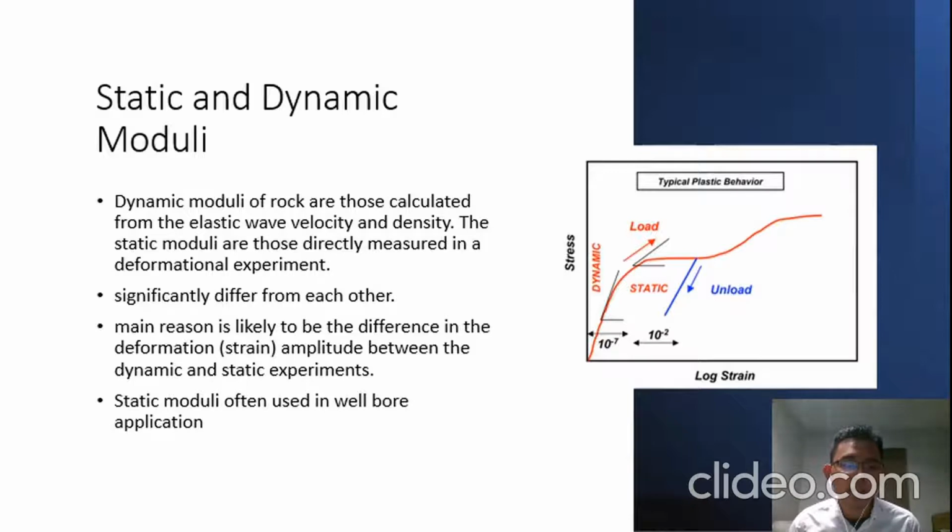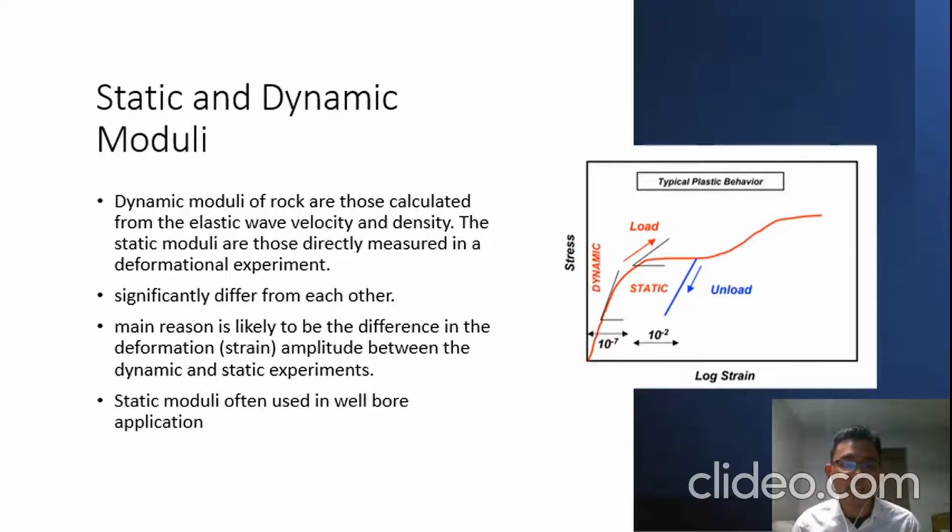Elastic modulus is a quantity that is used to measure the resistance of a material or rock from deformation, which involves elasticity. And the elastic modulus itself is divided into 2 kinds of measurement, which are static and dynamic modulus.